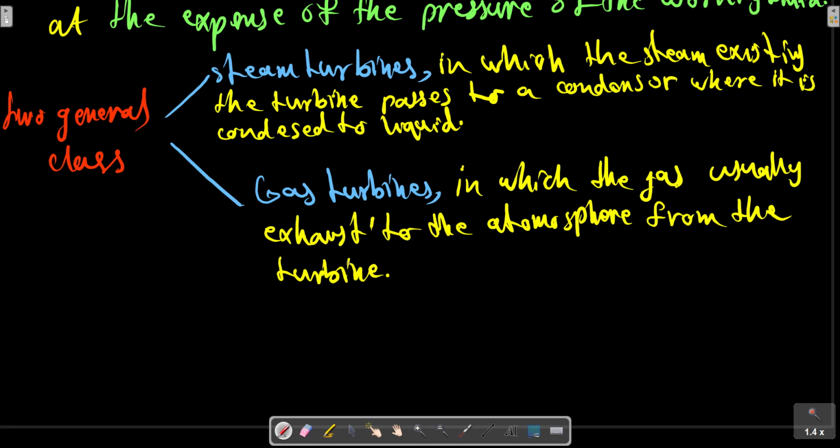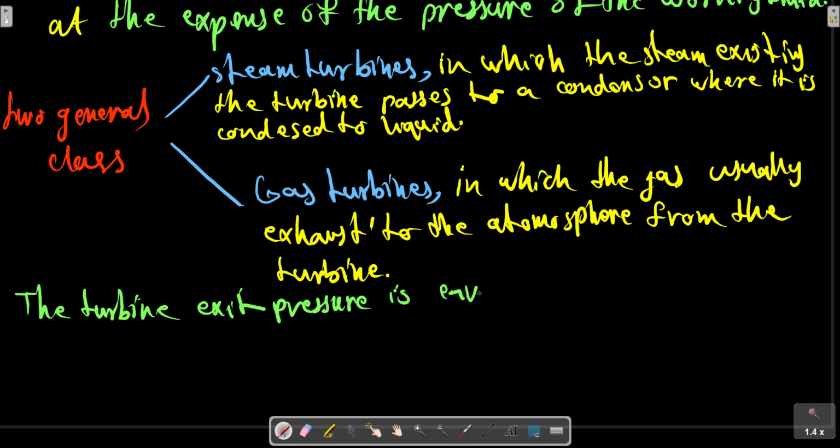In either type, the turbine exit pressure is fixed by the environment into which the working fluid is discharged.